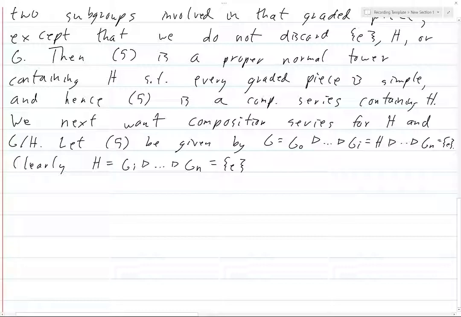But whatever, if you don't like it, it's not too big of a burden to put up with. So clearly this is a composition series for H, because we basically just start at H and go down from there.